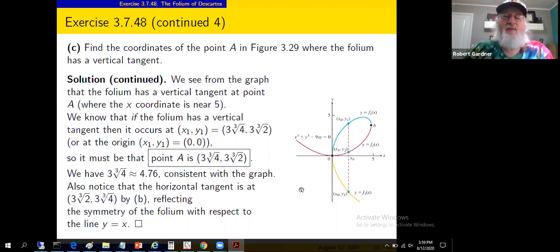When we looked at inverse functions, we saw some behavior like that. So it's not a coincidence that what happened for this vertical tangent is in some way related to what happens where there's a horizontal tangent. It's some kind of symmetry. It's symmetry of the graph with respect to the line y equals x, to put a precise label on it. But that answers the questions they had about this one.